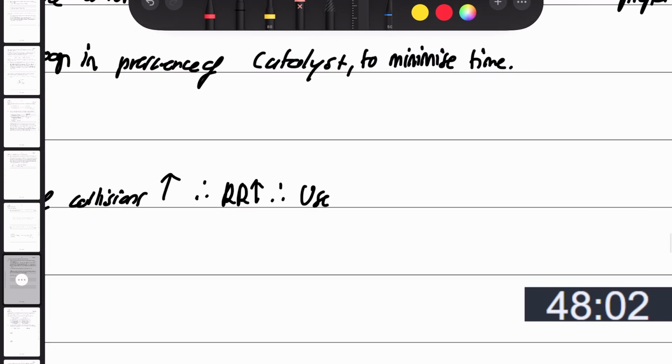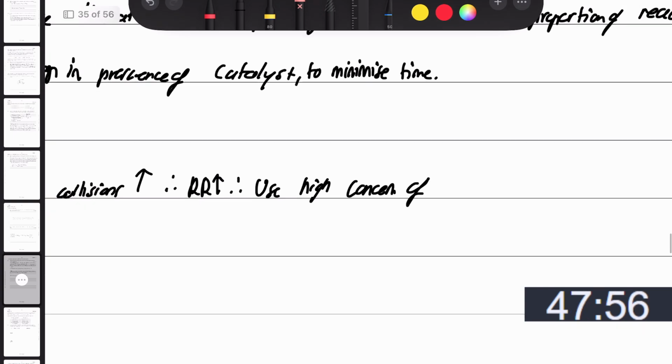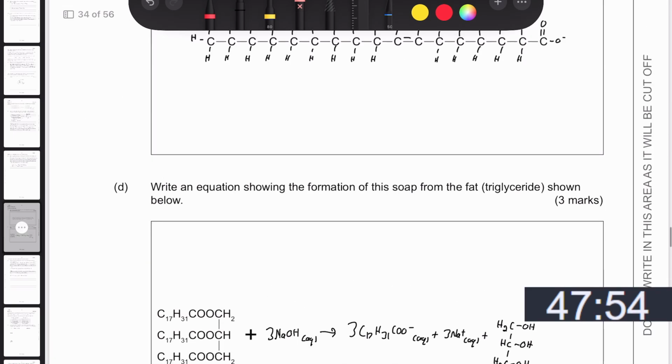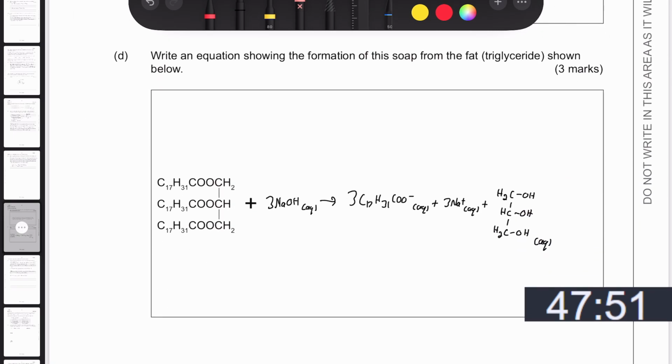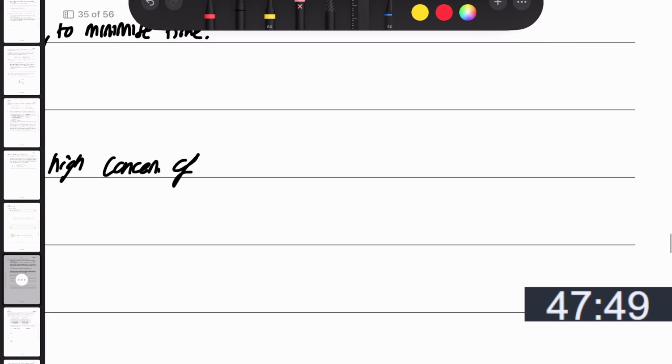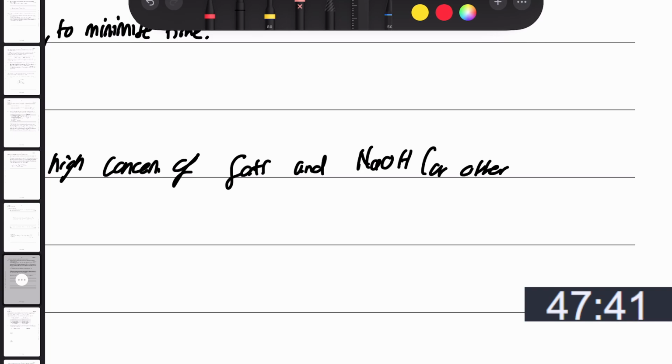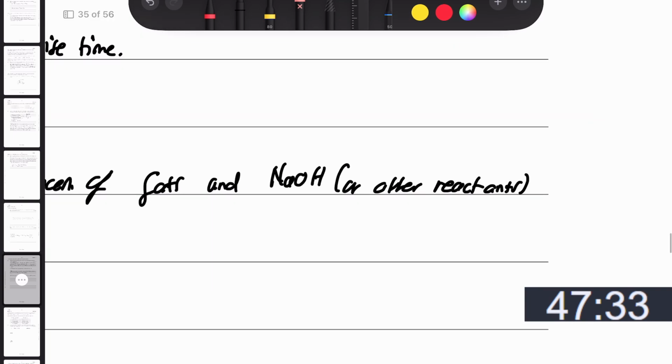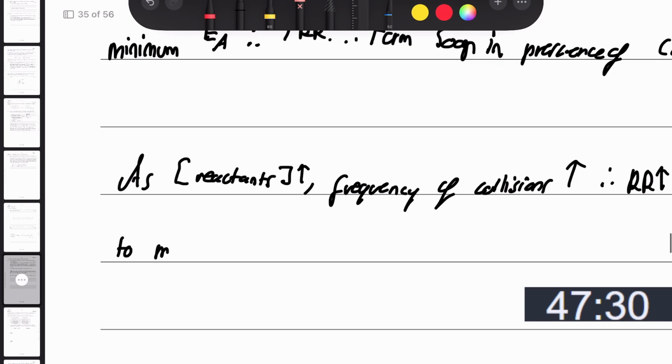Therefore, use high concentrations of triglycerides, of fats, and OH, or other reactants, to minimize formation time.